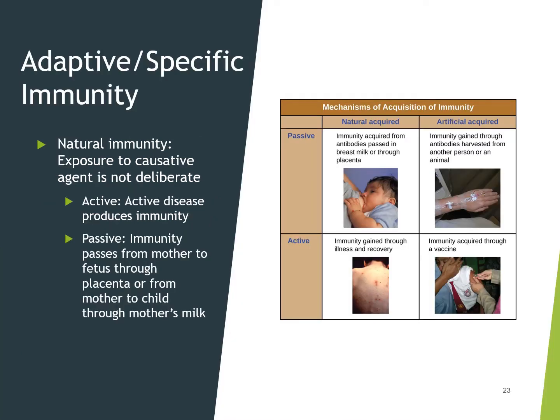Adaptive or specific immunity, which is also sometimes called acquired immunity, which makes it kind of even more confusing, is a type of immunity where our body develops immunity in one of two ways. The first is actively, and the second is passively.